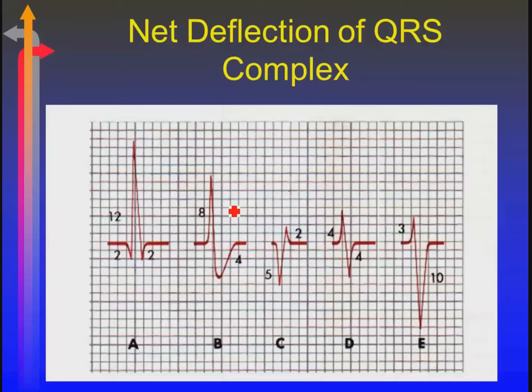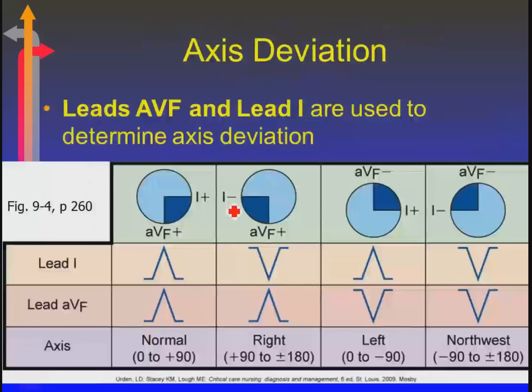Up or down? And what I need to look at is 2 leads. And these 2 leads are very specific. I need to look at lead 1, and I need to look at lead AVF. If you think about it, lead 1 goes from my right shoulder to my left shoulder, in this plane. AVF goes at a perpendicular point to that.